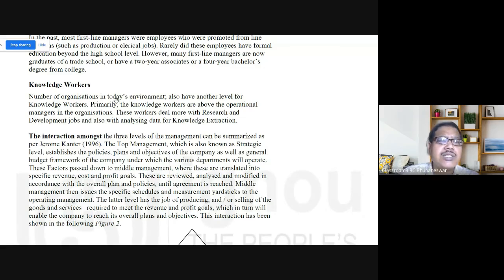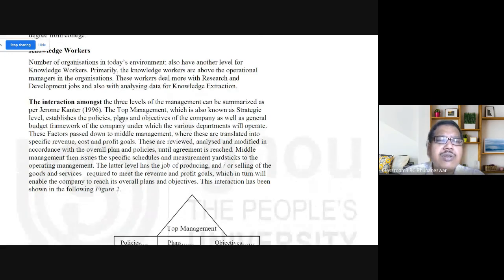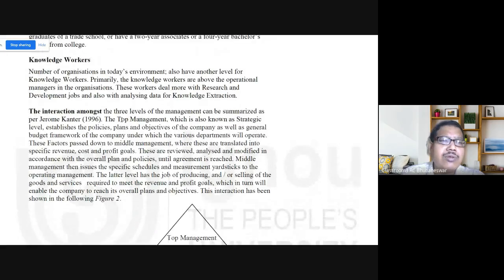So in the number of organizations and work environments you have already worked, how much experience and knowledge you have, whether it is primary knowledge, secondary knowledge, or deeper knowledge, we have to analyze. Based on that we can decide whether to put you in research and development, or in knowledge extraction or analysis, so which part we can work for. Normally the decision will be taken by the manager over here.